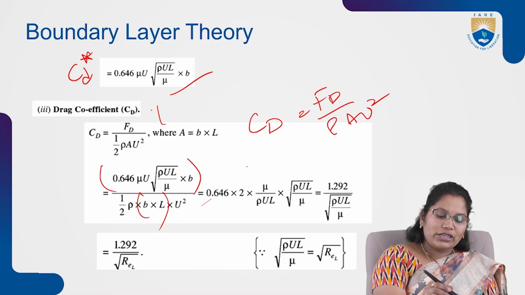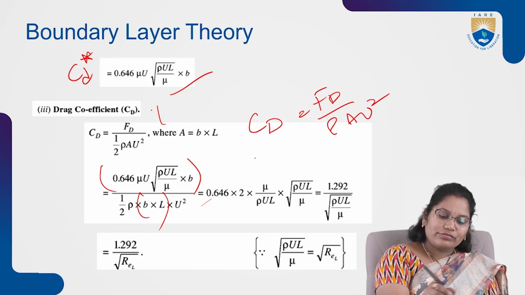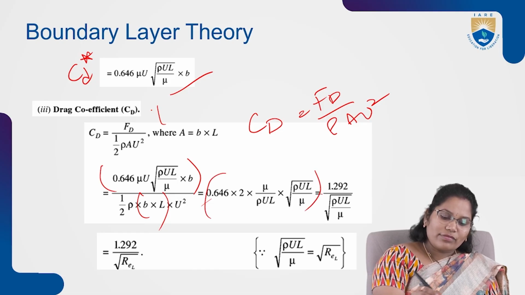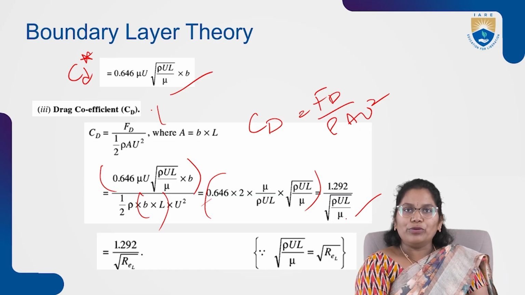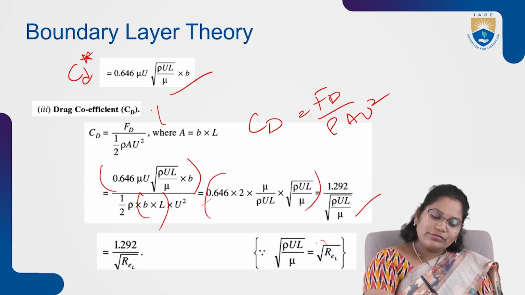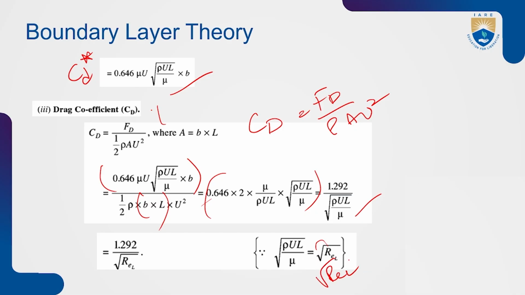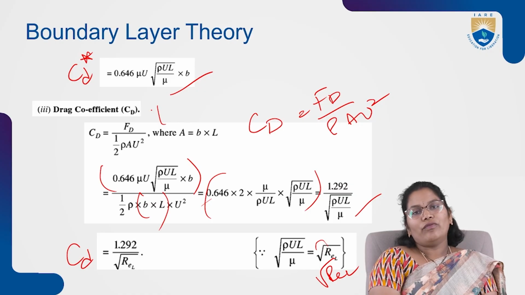So when you substitute here and simplify, you get this 1.292 by root of rho u L by mu. So we already know rho u L by mu is Re with respect to L. So this is the coefficient of drag, CD equal to 1.292 by root Re L. Right? This is what we got for the coefficient of drag.